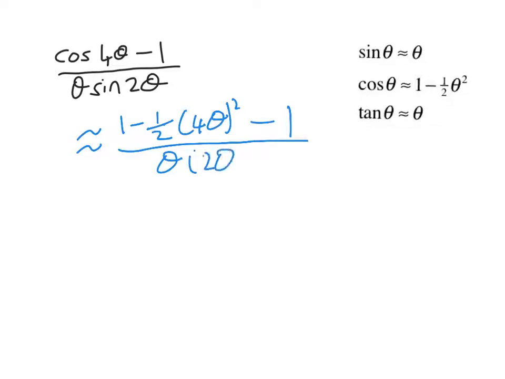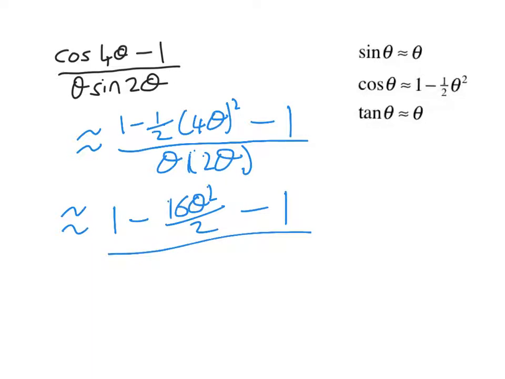Just put that in brackets so we can see we're multiplying. So what's happening at the top? We've got 1 minus 4 theta squared is 16 theta squared. But remember, that's all over 2. We're taking half of that.